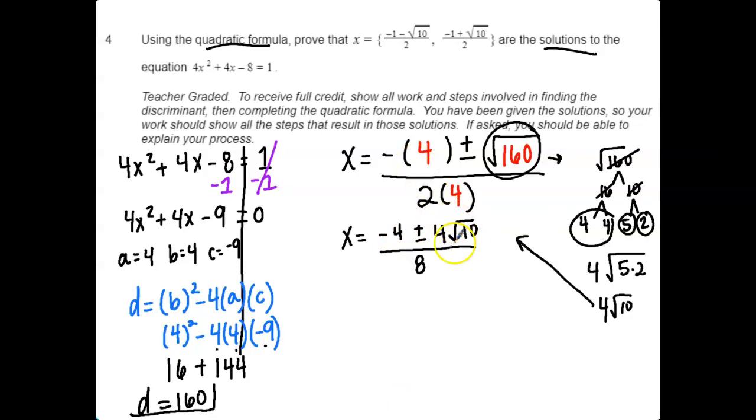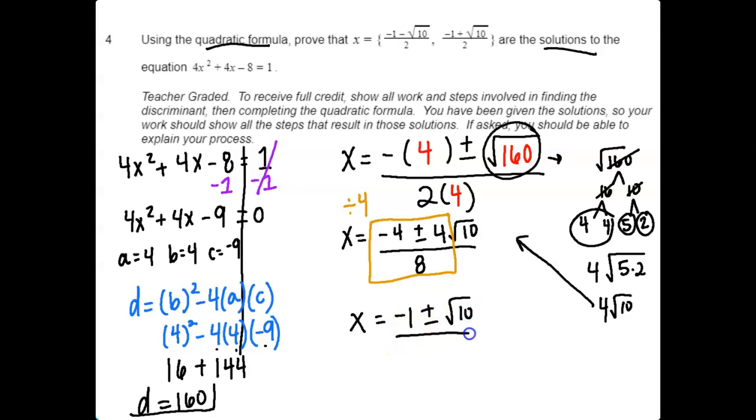All right, now it's time to simplify. Remember, we're going to ignore the radical, and we're just going to look at these 3 numbers and see if we can divide them by a common number. Well, we can divide them all by 4. So negative 4 divided by 4 is negative 1, plus or minus 4 divided by 4 is 1, but I technically don't need to write a 1 in front of the radical 10.